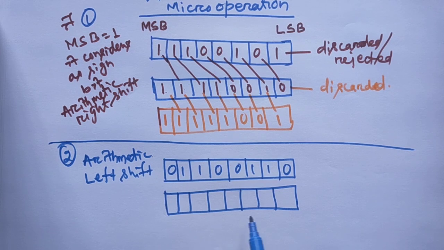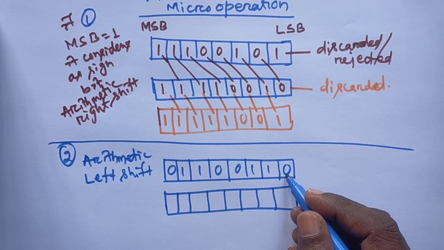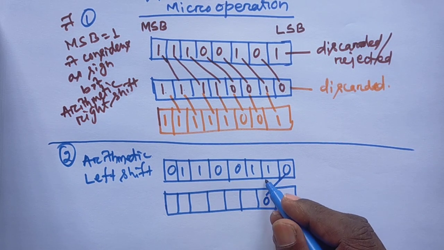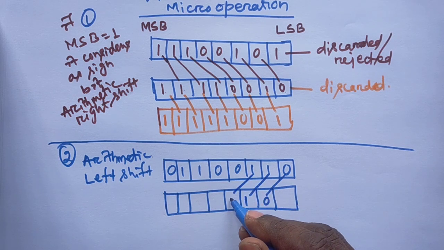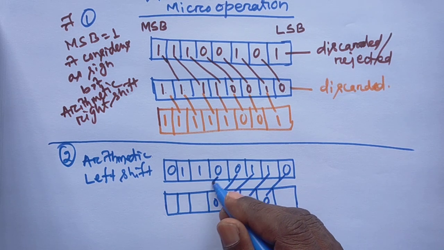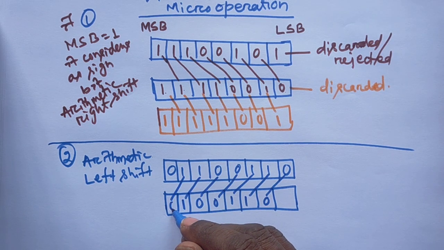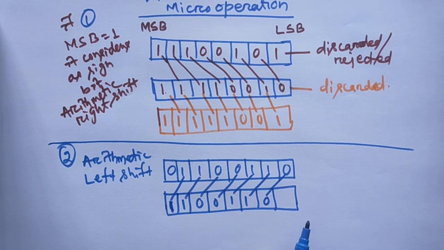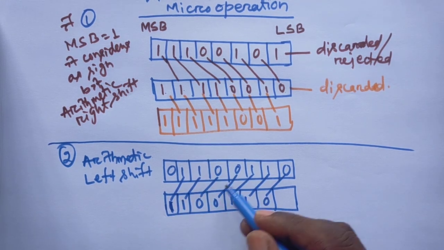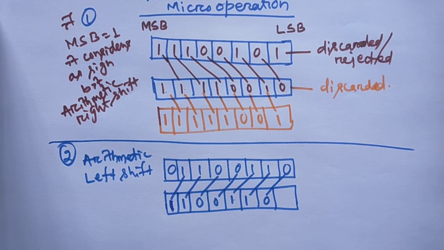If we transfer from right to left, then what happens? Here it is very simple: here is 0, here is 1, here is 1, here is 0, here will be 0, here will be 1, here will be 1, here will be 1. Okay, 1 1 0 0 1 1 0.